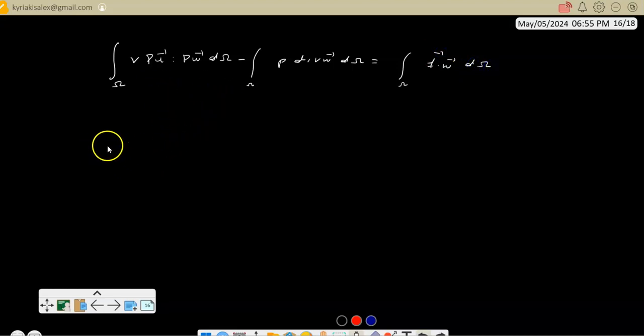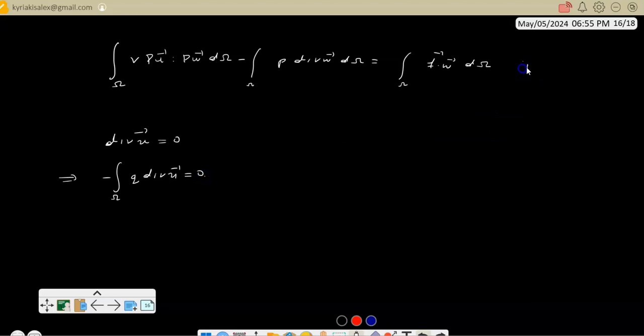This is the first relation. Now we know that the divergence of u is equal to 0. We multiply by the test function q, so minus the integral over omega, q divergence of u is equal to 0.